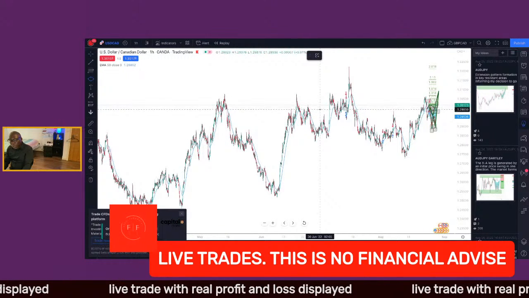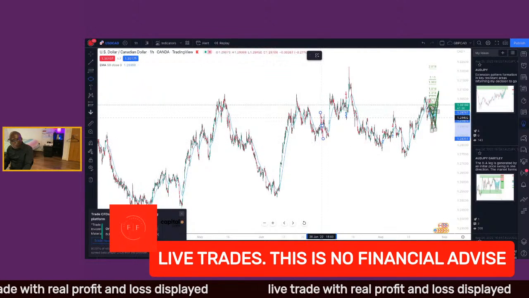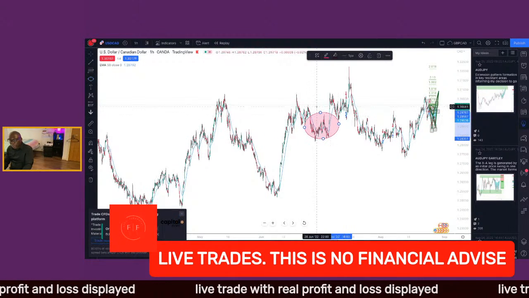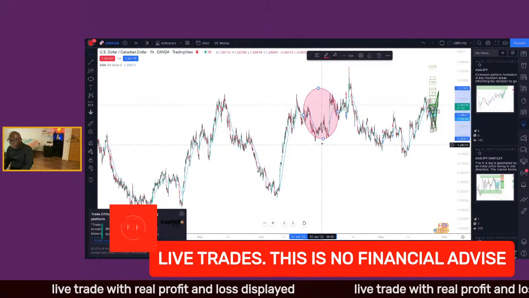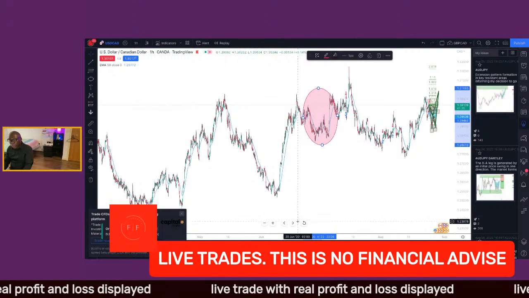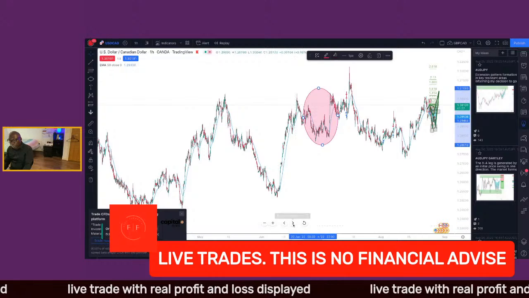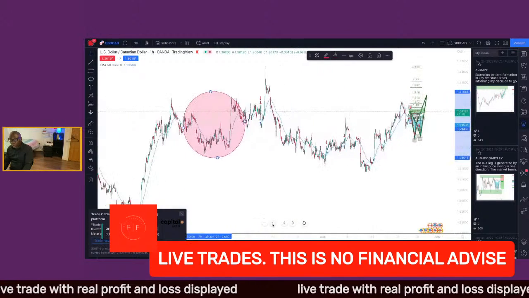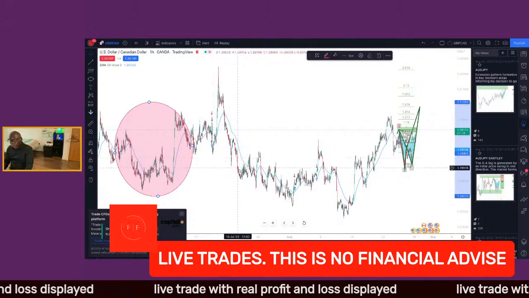If I show you this area here, let me move this. Hopefully you can all see it. This area here. Okay, make a note of that. Just have a mental picture of this area here.